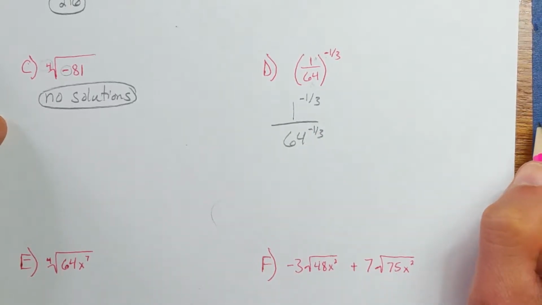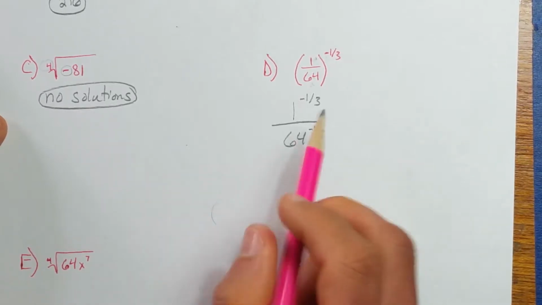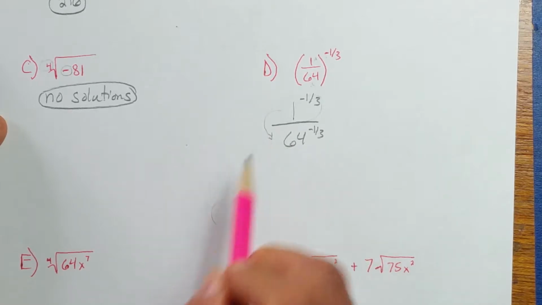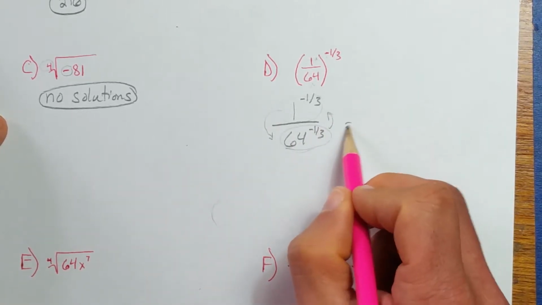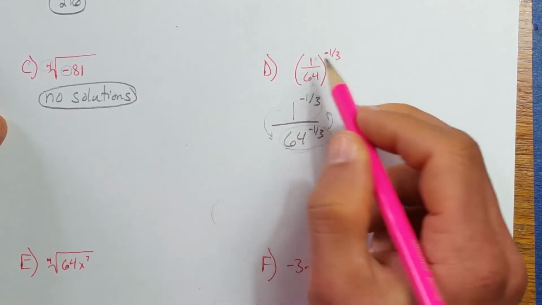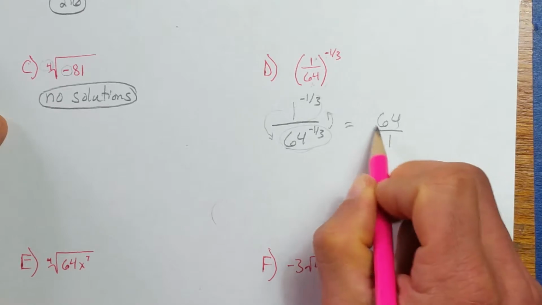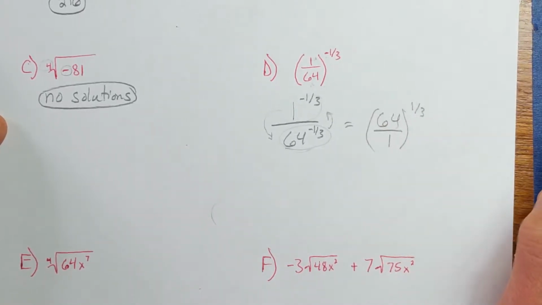And then if you remember, when we're simplifying, we didn't want negative exponents, so to quote-unquote fix it, you took the term with the negative power, and if it was in the numerator, you moved it to the denominator, or if it was in the denominator, you moved it to the numerator. So it essentially flips. If you have a fraction to a negative power, it essentially just flips it over, and it would become 64 over 1, which of course is just 64, to the positive 1/3 power.